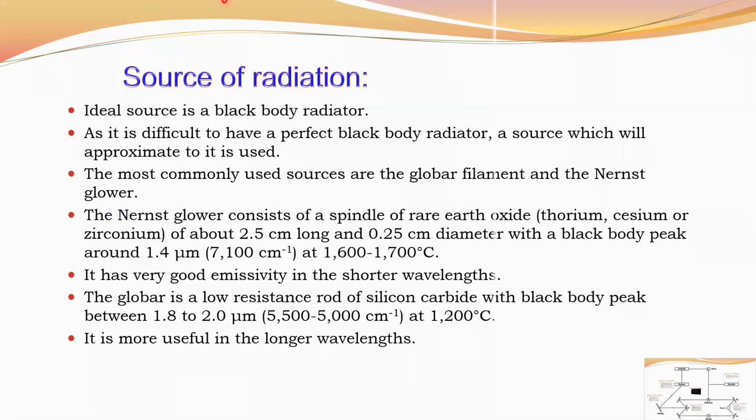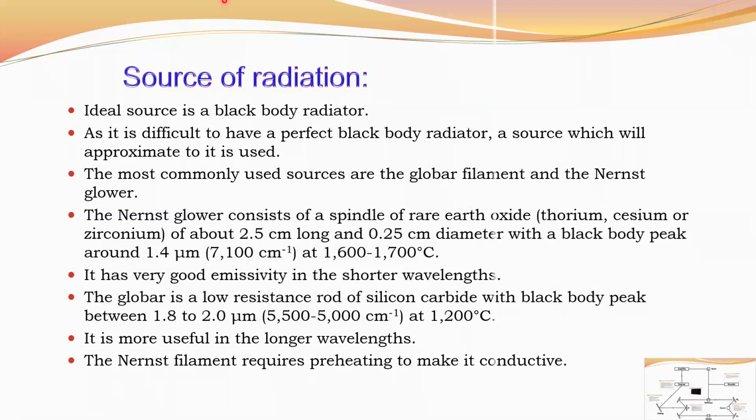So the main sources of radiation are the Globar filament and the Nernst Glower. Nernst Glower is used in shorter wavelength and the Globar filament is used in longer wavelength. The Nernst filament requires preheating to make it conductive.